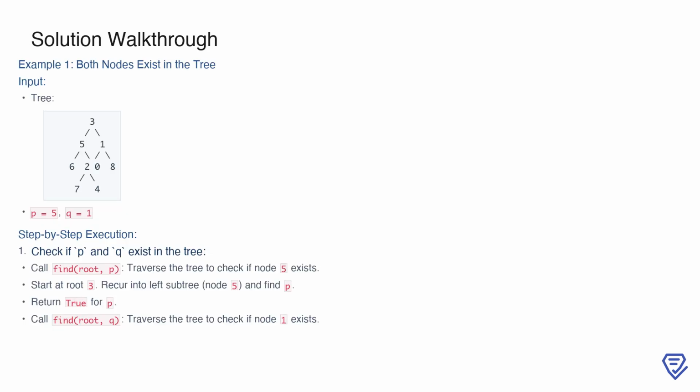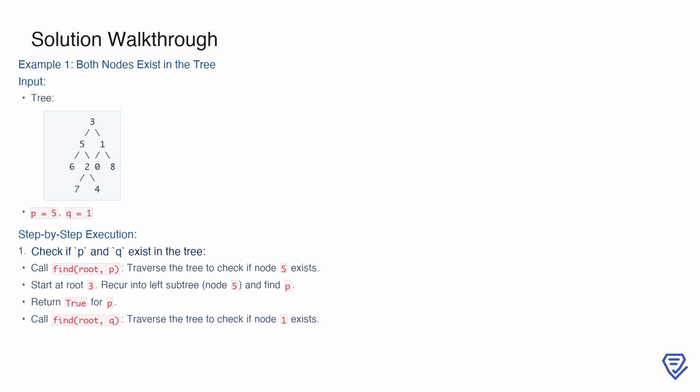In this first example, both nodes, P and Q, exist in the tree. We are working with the binary tree shown, where P is node 5 and Q is node 1. The first step is to verify that both nodes are actually present in the tree. To do this, we call the find function starting at the root. For P, we begin at the root node 3.